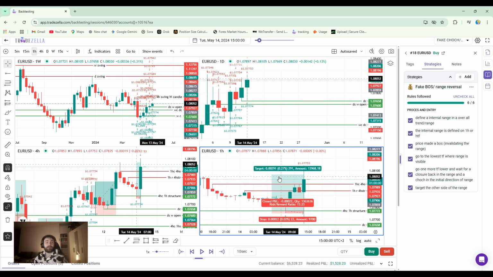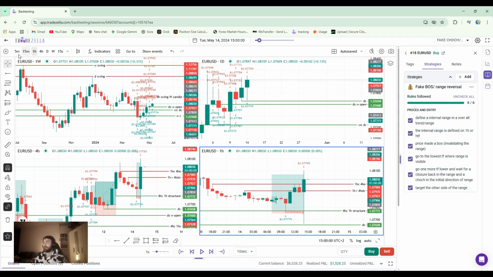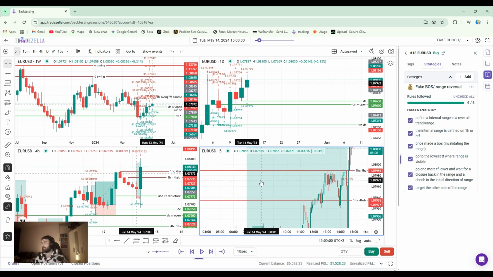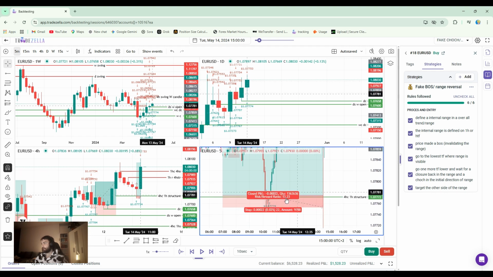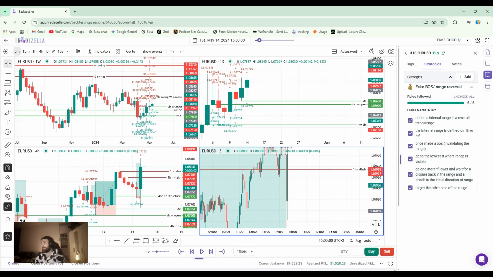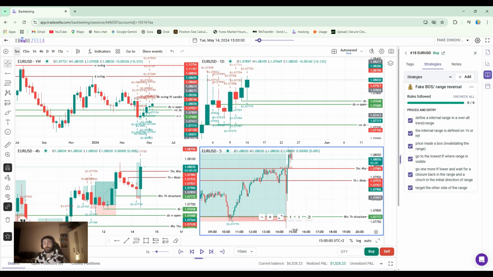A 13 pip stop trade with 2.2 pips. It's insane, you know? But again, let's go on 5 minutes and look what happened after the entry. It just skyrocketed. And yeah, eventually it came all the way back down and stopped me out, you know.